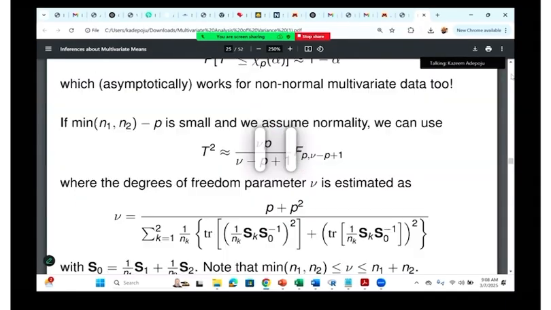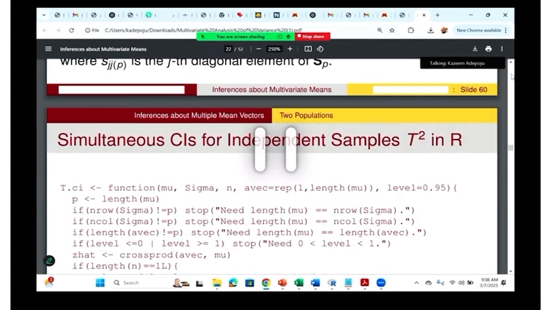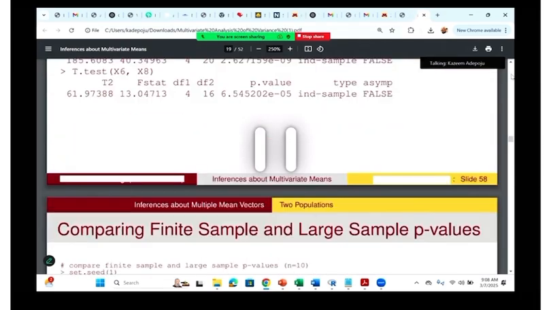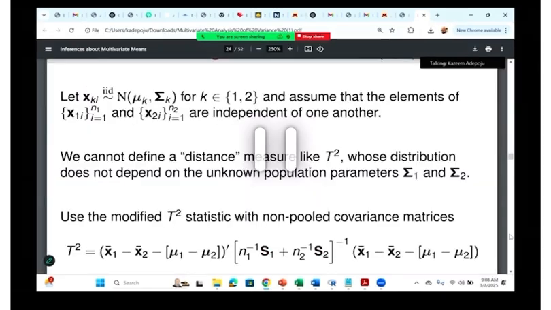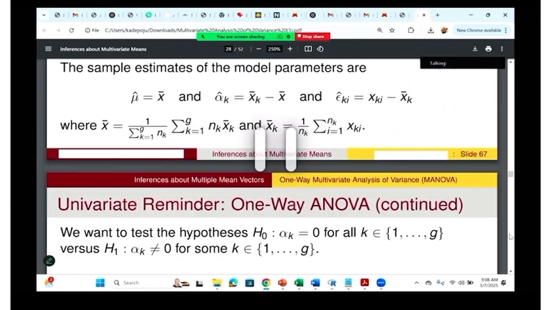Now, let me say this. If you want to test for equality of the covariances, we use a test that we call the Box's M test. Give me one second.